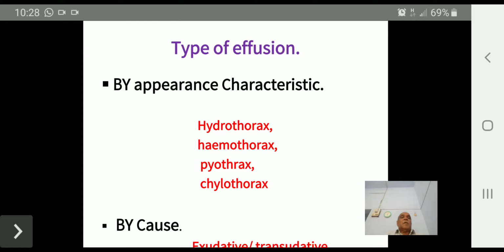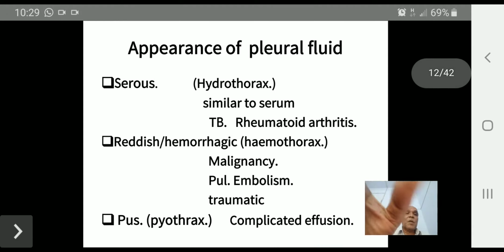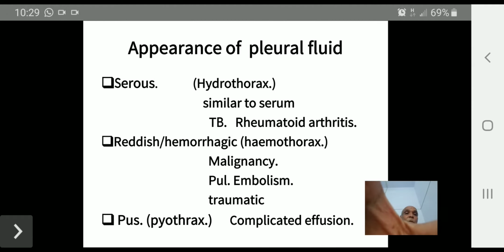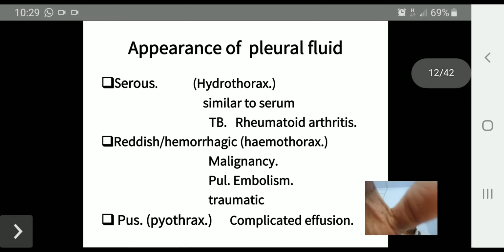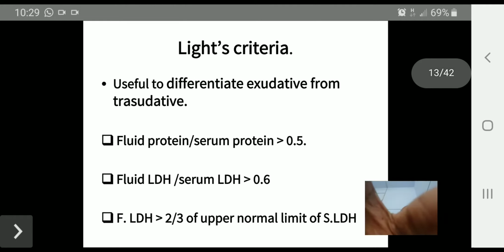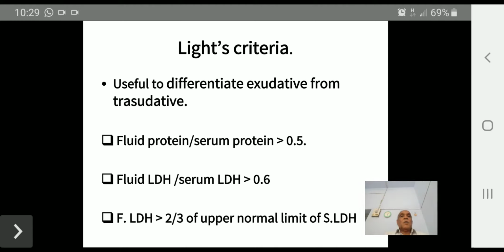By the cause, there are two types of effusion. One is exudative and the second is transudative. Now the transudative and exudative should be differentiated because the causes of the two are different.